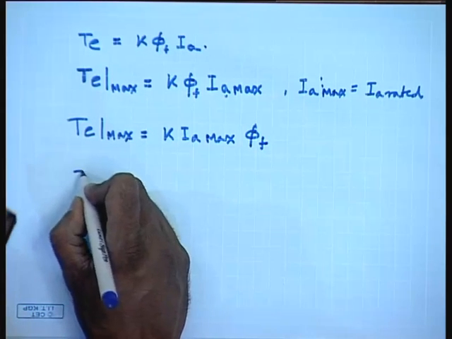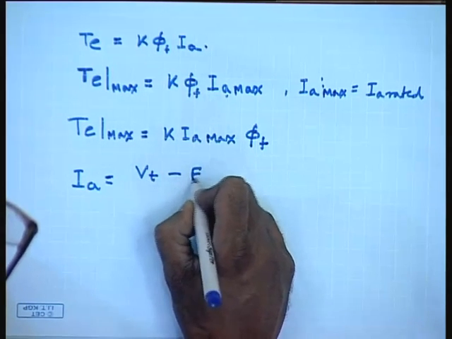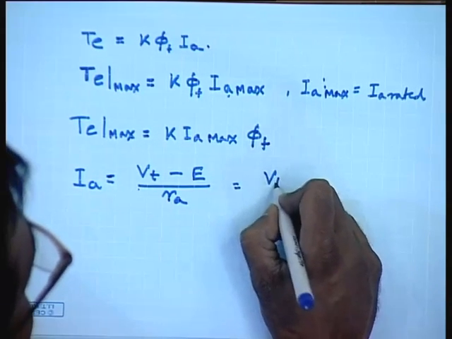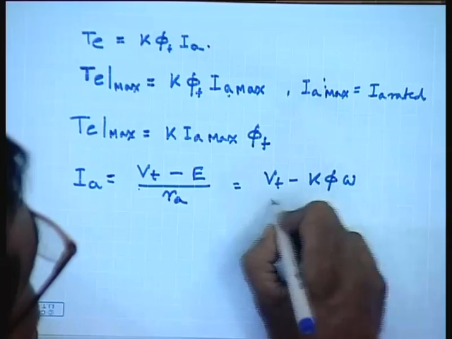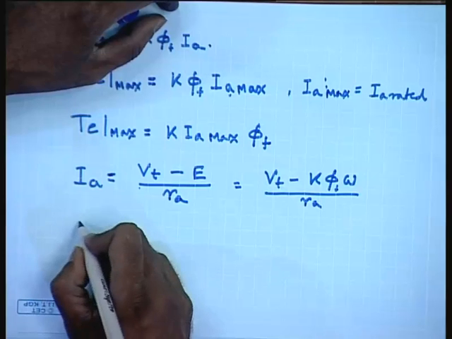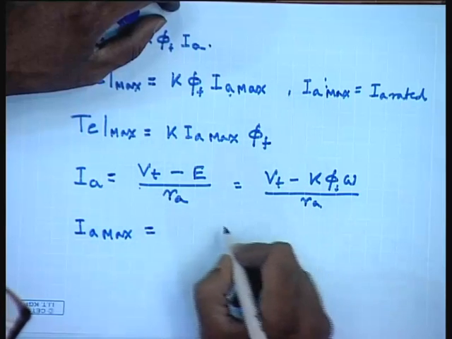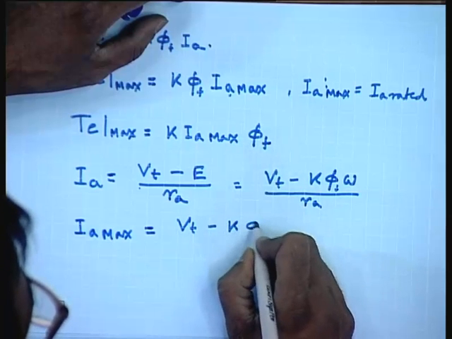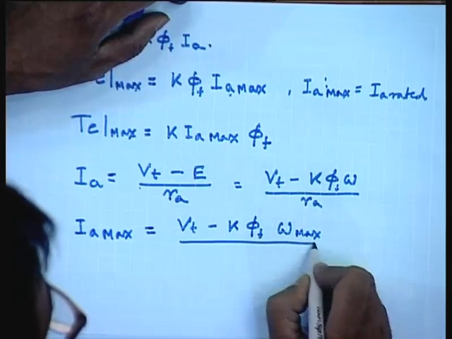We know I_A equal to (V_T minus E) by R_A, equal to (V_T minus K phi omega) by R_A. So, I_A max equal to (V_T, which is constant, minus K phi f times corresponding omega max) by R_A.